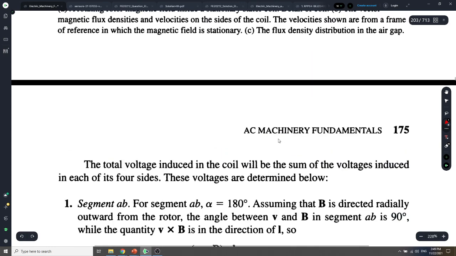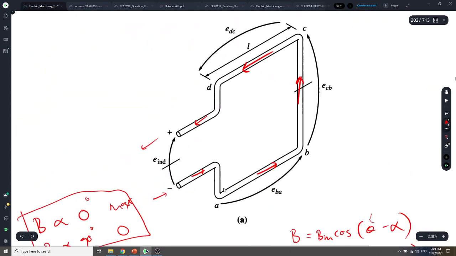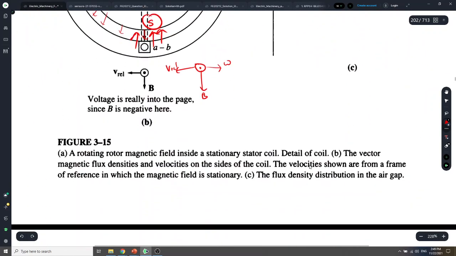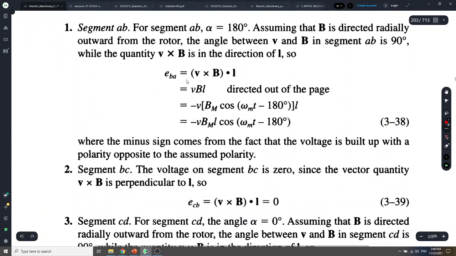So dia ada 4 segmen kan dekat sini. So ada segmen AB, BC, CD, dia ada 4 segmen, 3 segmen. So ada segmen AB, kita dah ada, kita just darab B tadi kan. VB ni kita dah ada negatif tadi kan. So kita just letakkan je.